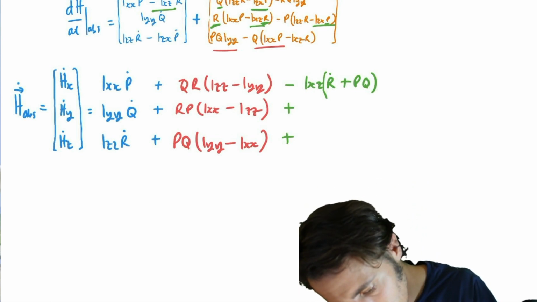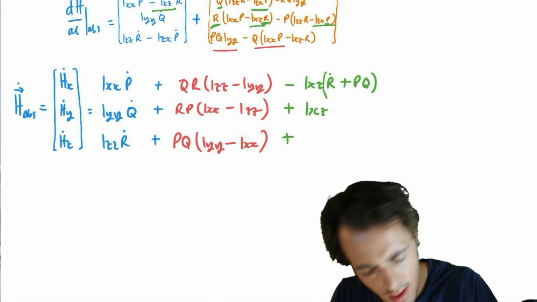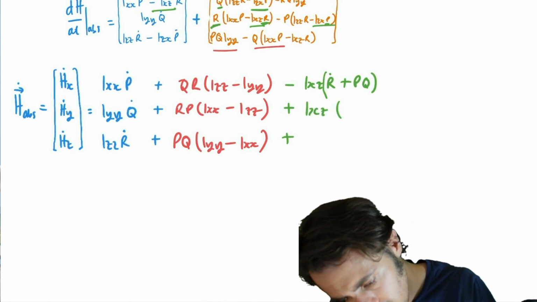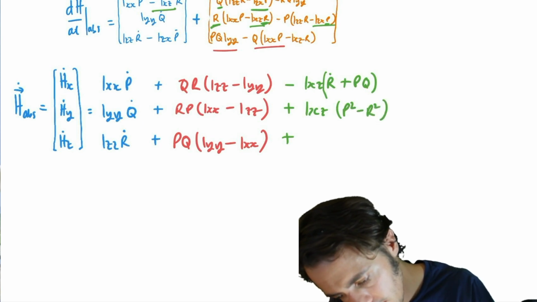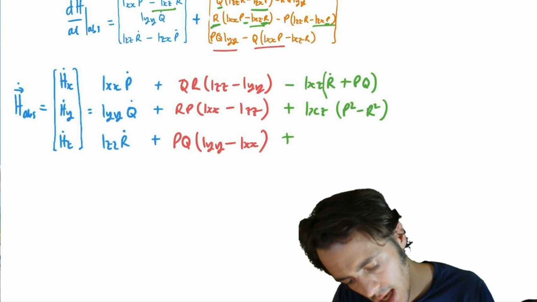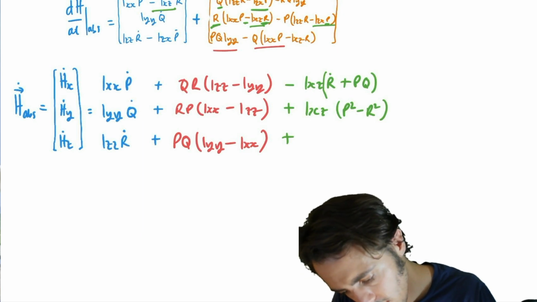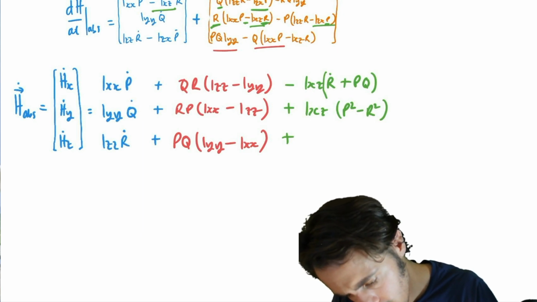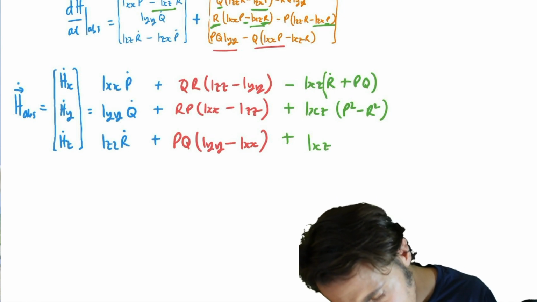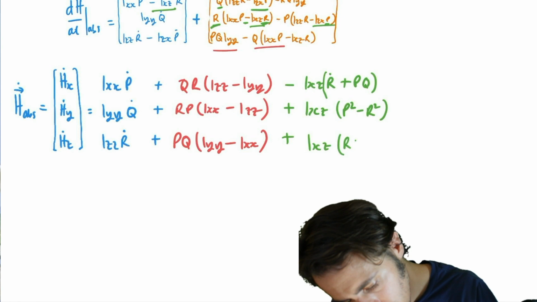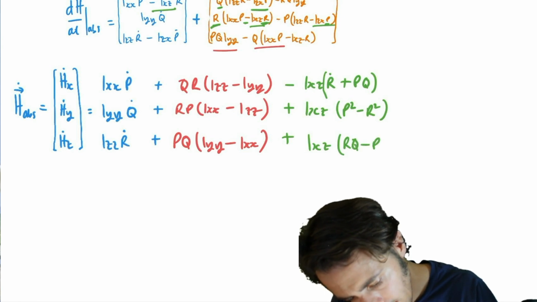So I've got plus IXZ, P squared, which is positive, minus R squared, which is negative, because it was a negative sign over here. And then in this last row, I've got IXZ. So I've got RQ minus P dot.